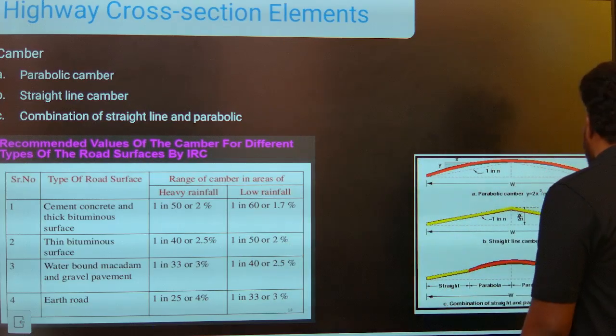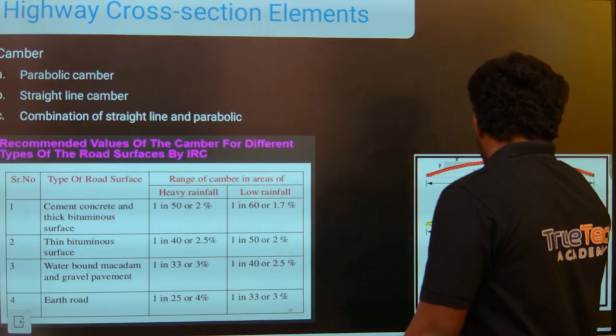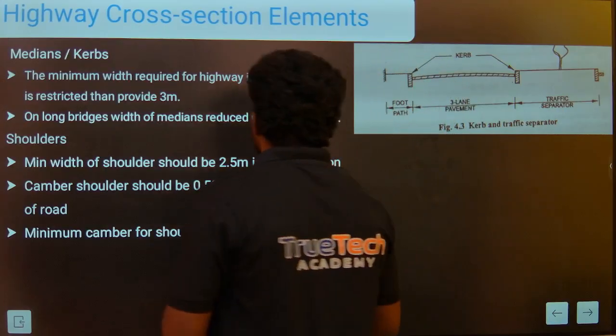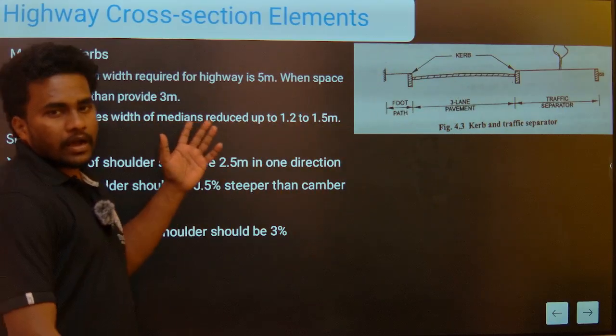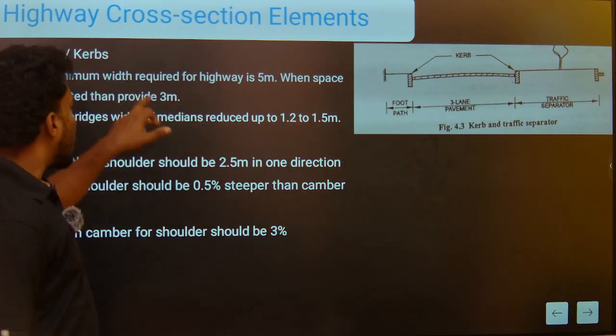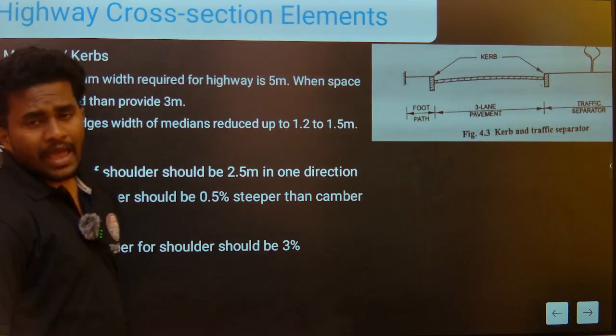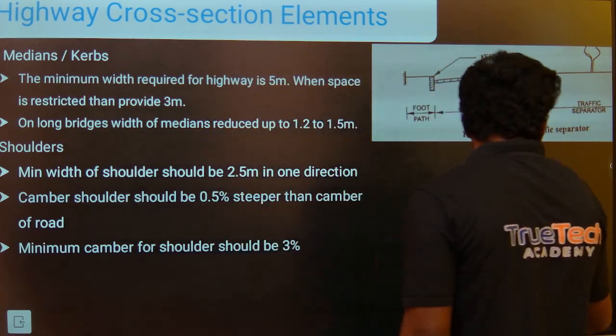Now let's go deeper. Now medians and curves and shoulders. I have shown in the picture how the medians are there and how the shoulders are there, and these are the main values.